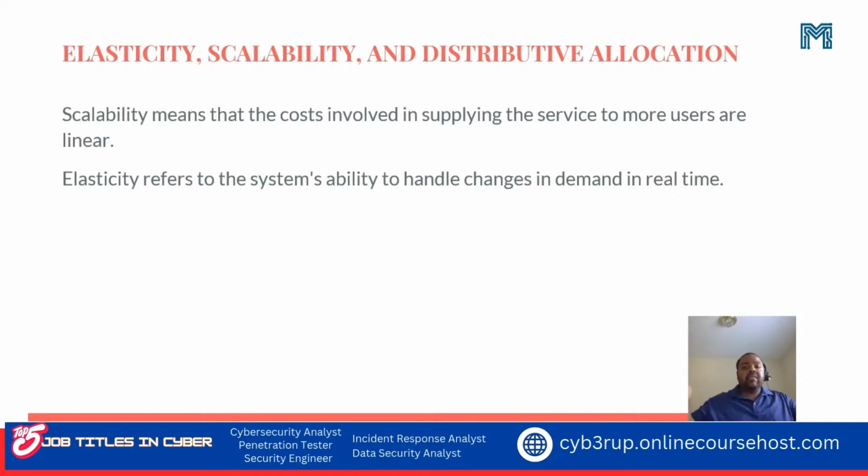Whereas scaling up would be adding more RAM, more hard drive space, which is good too, but you constantly have to add based off of the traffic that you have. So scalability is just being able to have the resources for everyone to come and get.